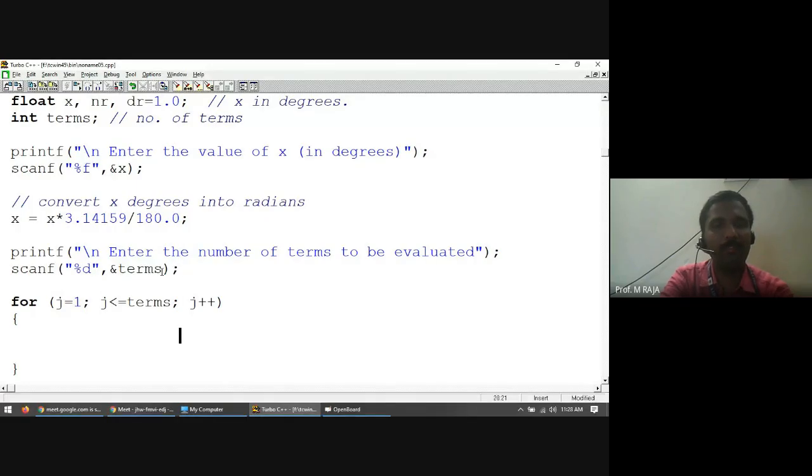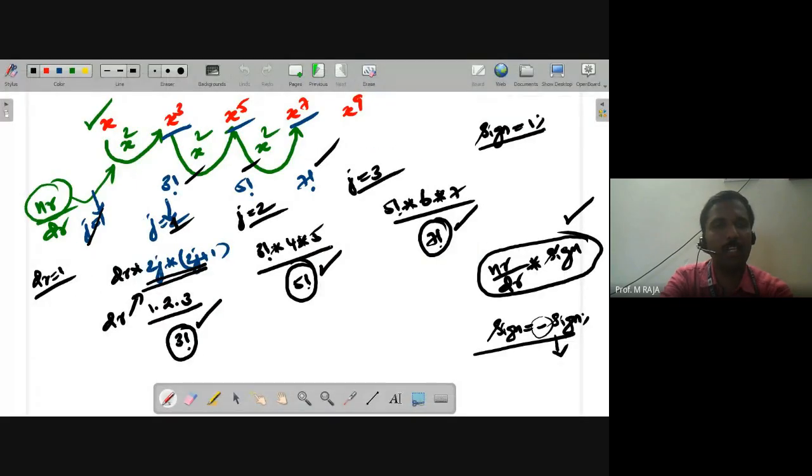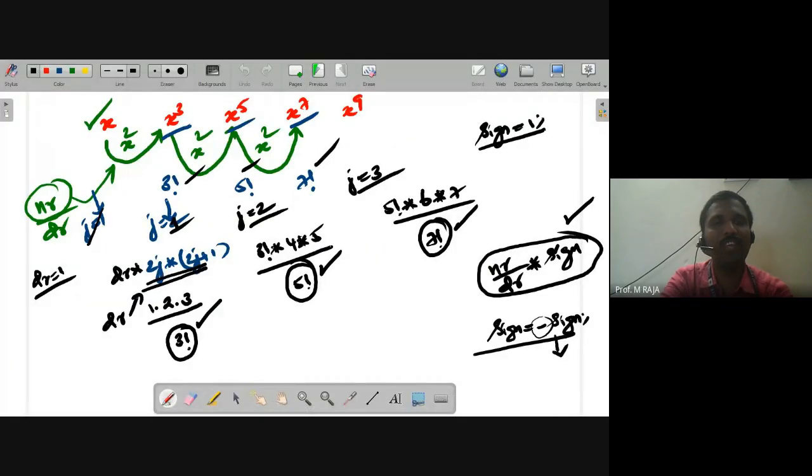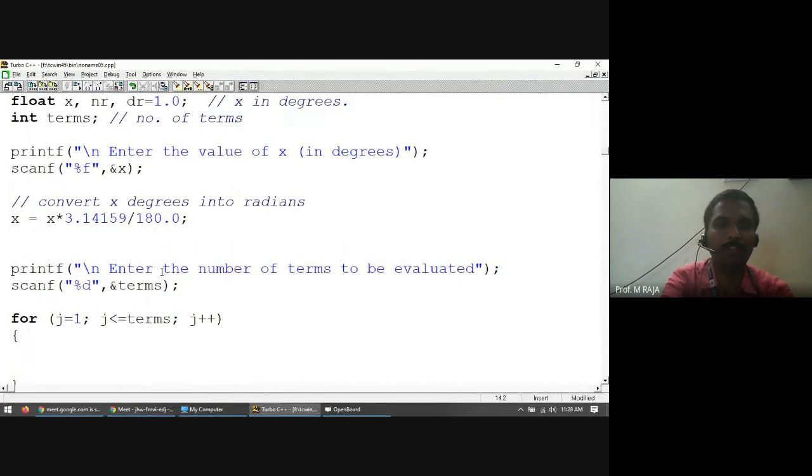If we write here for the first term numerator by denominator, then this would be multiplied by x square to bring the next term. So to have a correct logic, after getting the value of x, I initialize the variable numerator. So I write here numerator is set to x.